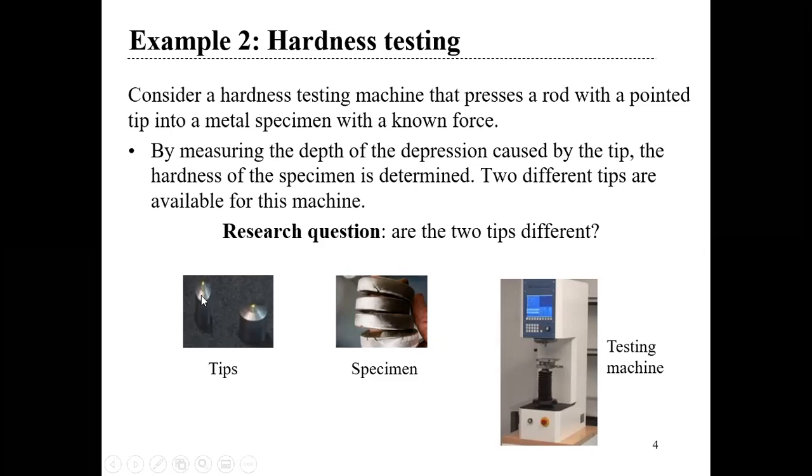So maybe this one will look better than this one in terms of hardness, not because this one is better, but because the specimens assigned to this one are different from this one. So there are differences among the individuals, among the specimens. So how do I control this?